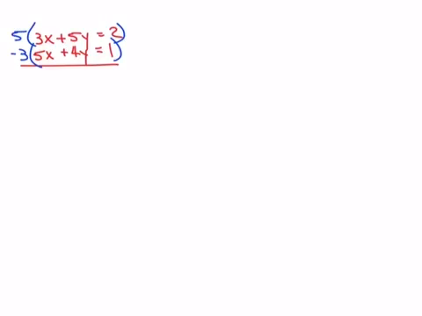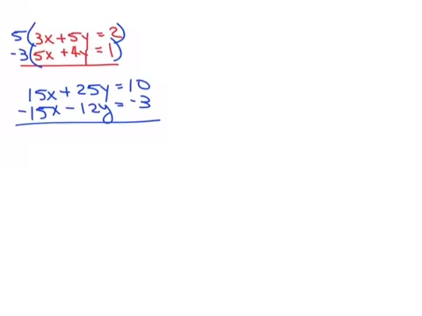Okay, so top number, 5 times 3x, 5 times 5y, 5 times 2. Bottom number, negative 3 times 5, negative 3 times 4, negative 3 times 1. Now I draw my line. Now I can add them because the number in front of the x is the same, and one of them's negative, one of them's positive.